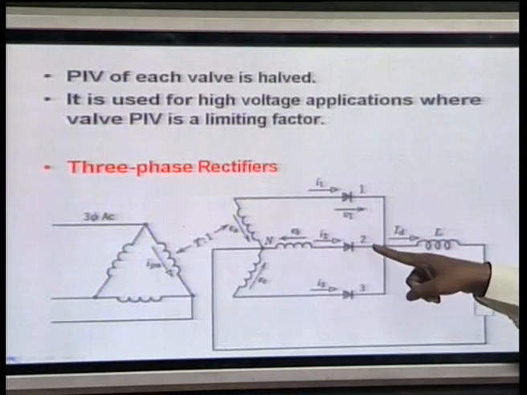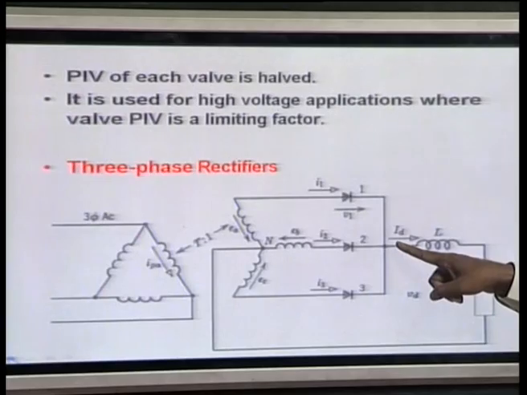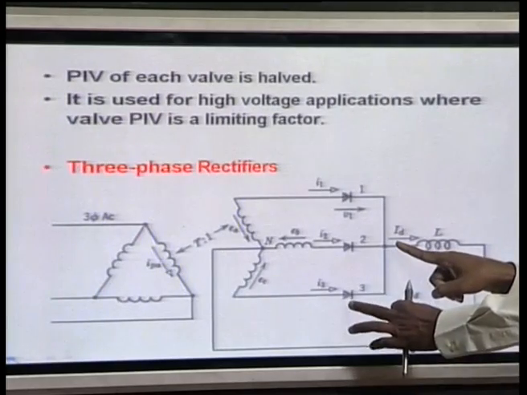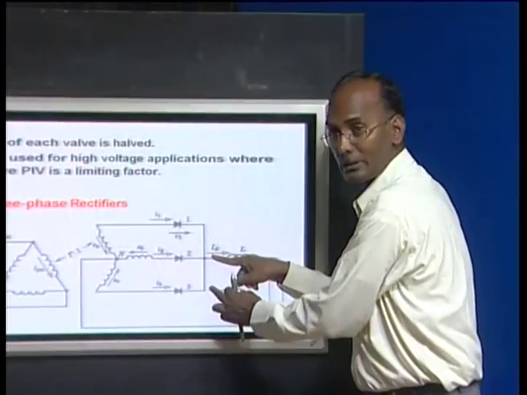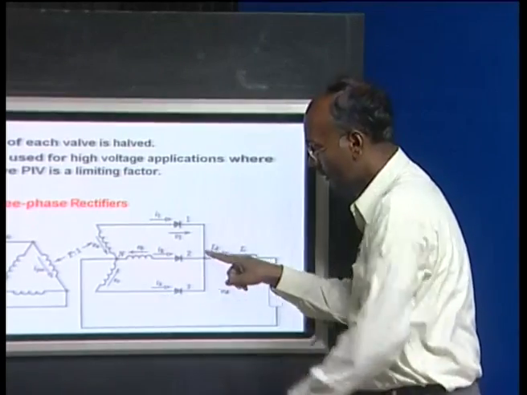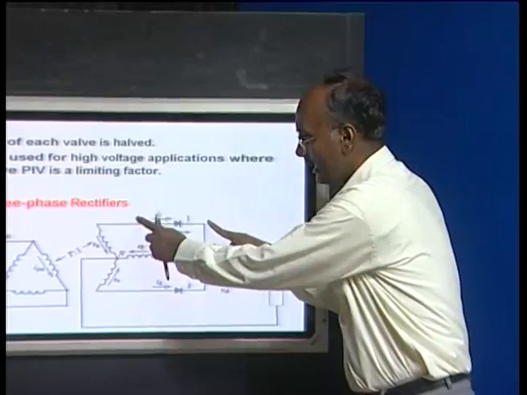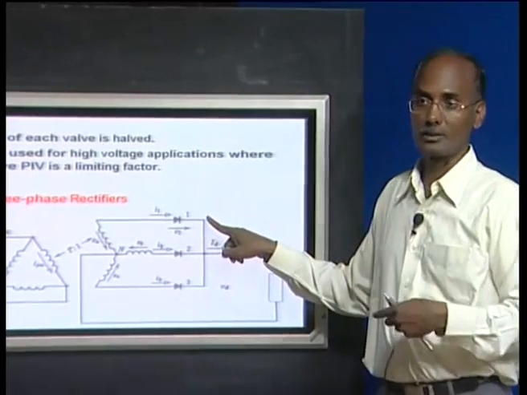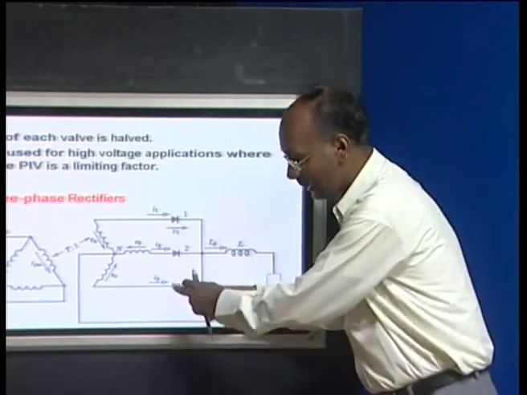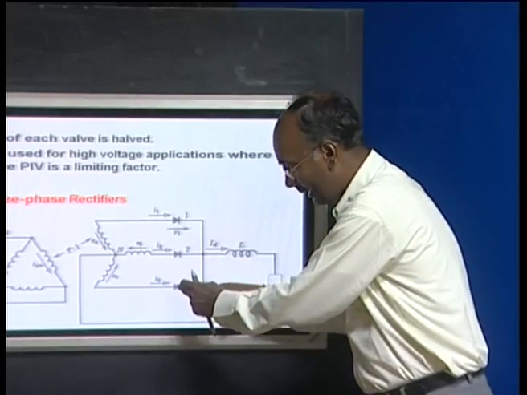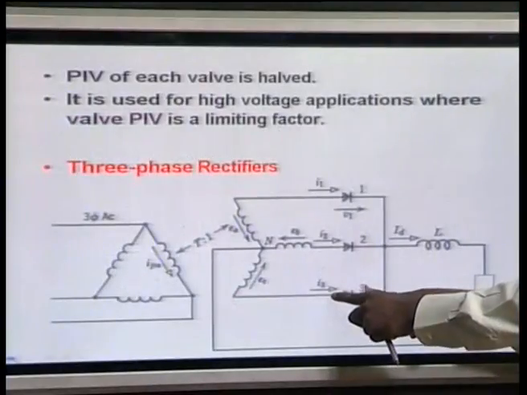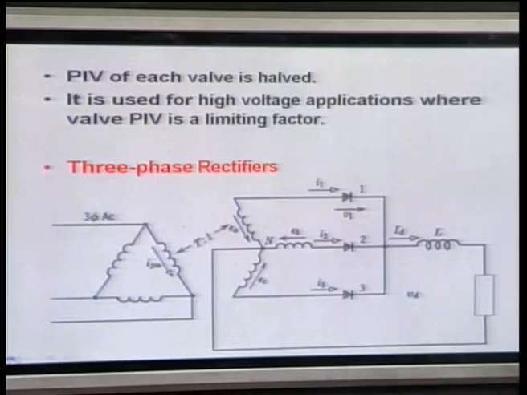Once it conducts, you can see EB appearing here, and valve 1 is again off. So the voltage here will not come to this side because this is off. So the voltage across this will be EB, and EA minus EB will appear across valve 1. Similarly, the voltage across valve 3 will be EC minus EB.